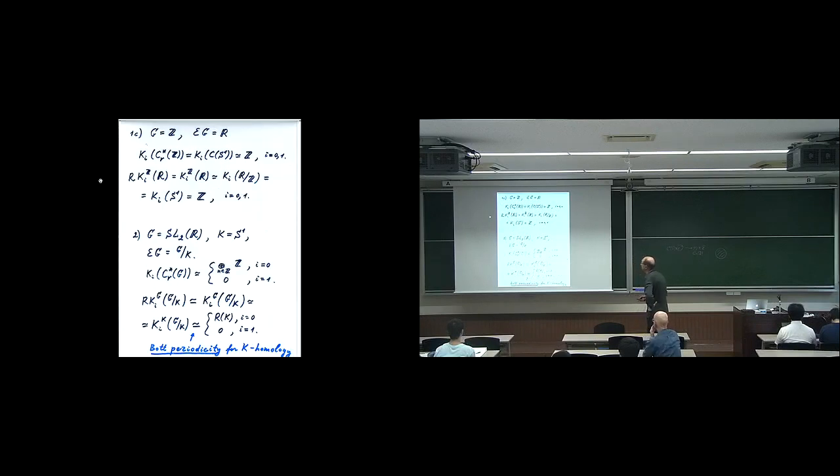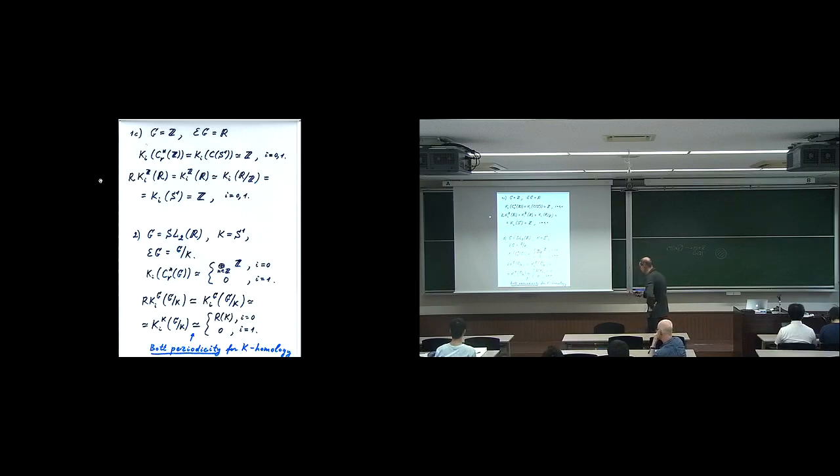A more sophisticated example is SL2R, and you can check directly. We already know that the K-theory is calculated like this, but there is also a calculation for G mod K. As I said, this reduces to the case of the compact group action. G mod K in this case is the Poincaré disk, and K is just the circle rotation group.